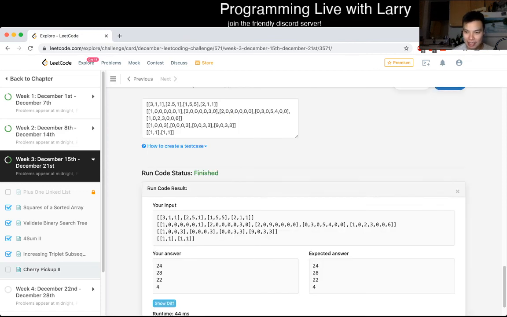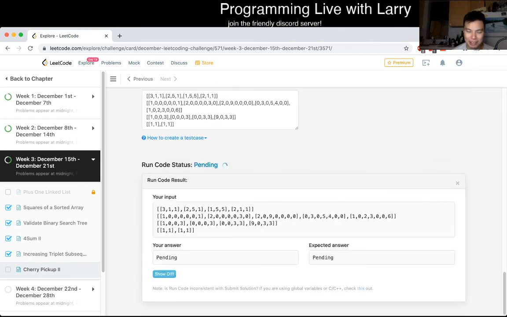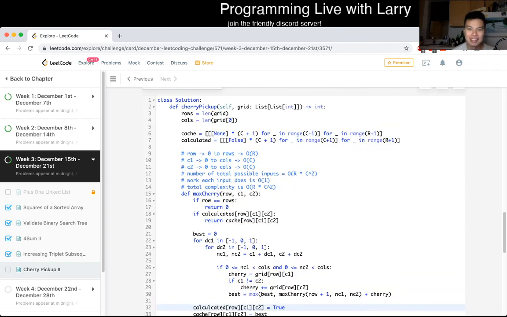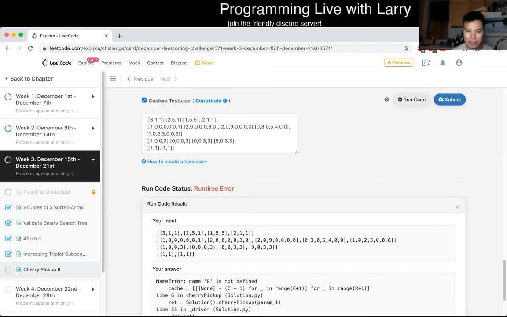Okay, 44 milliseconds. Let's take a quick look to see if it's faster. Hopefully it is. Ooh, one timeout. I forgot that I named them rows and columns, because I usually write R and C, but today I guess I just felt a little differently for whatever reason. So let's fix that. Run code again.